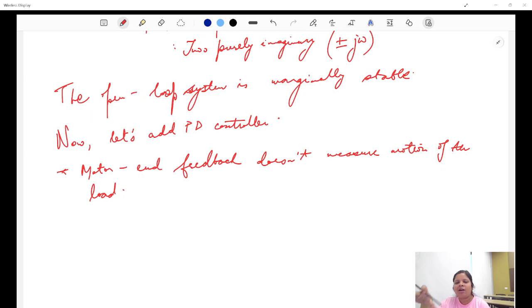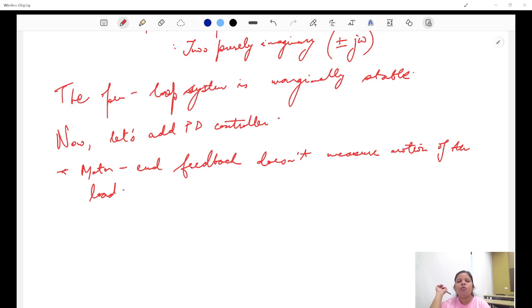This can cause lack of damping in the overall closed loop system, especially for the elastic or spring component. So even if a PD controller is added, if it's acting based on motor side feedback, it cannot stabilize the oscillations occurring due to elasticity between motor and load, because it is just taking the motor side feedback.